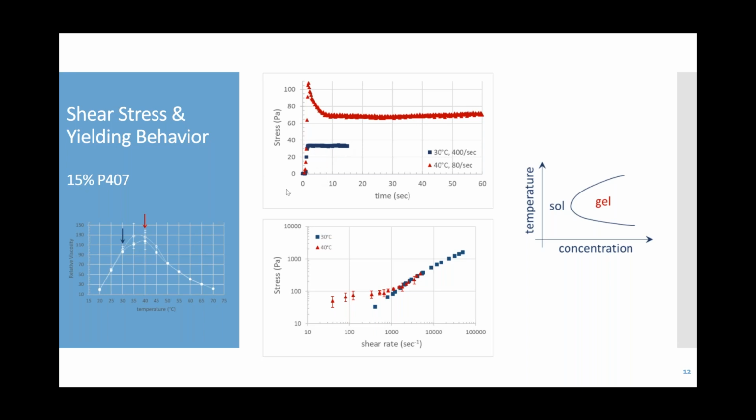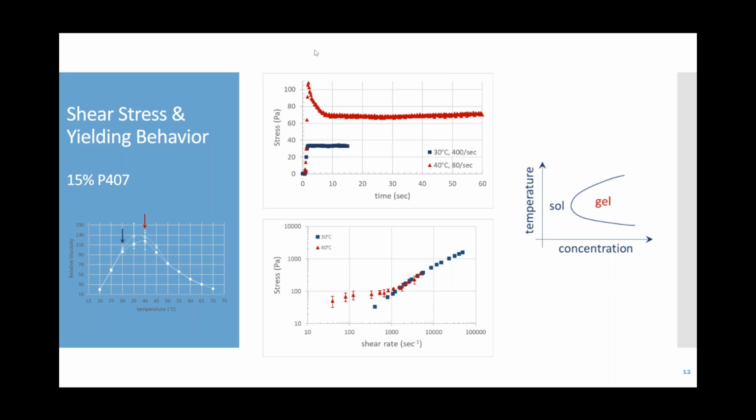This is typically what we see as we start pumping the fluid and we have a well-defined flow field. However, at 40 C, we see this overshoot in the stress, which then decays, and then we see maybe a slight gradual increase in the stress as we keep pumping the fluid. This overshoot is another indicator that we might potentially have something that is yielding. As you start flowing the sample, you have to have additional stress response to force this fluid to start flowing near the wall of the flow channel.